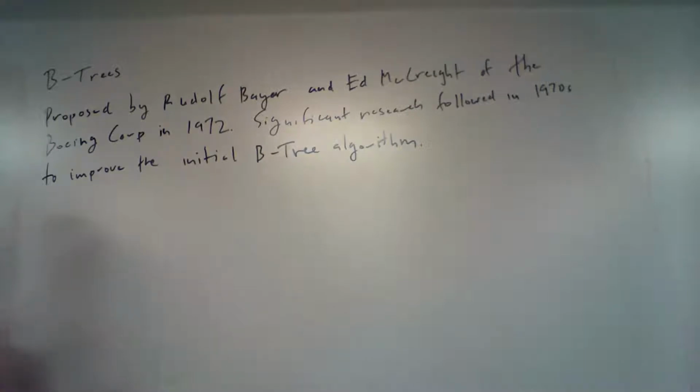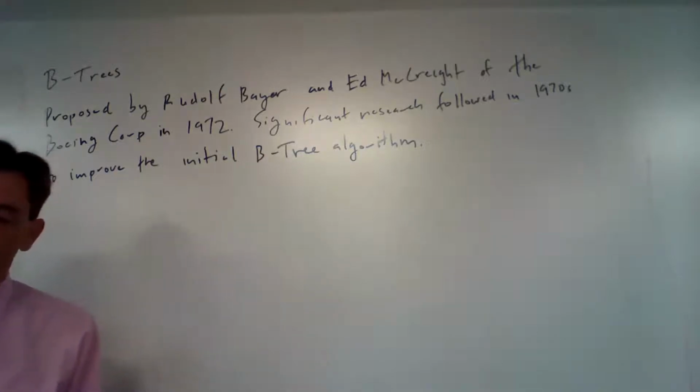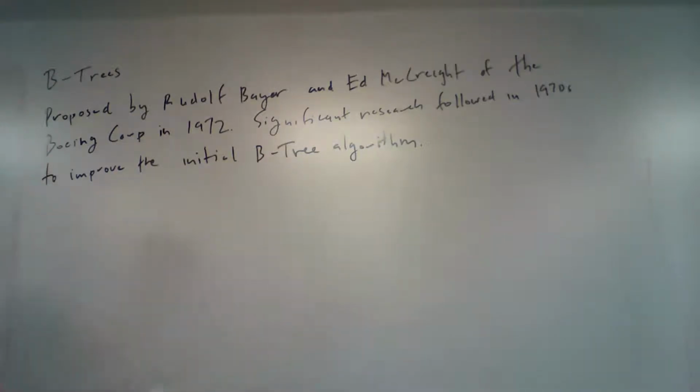It was not hard to understand, and so it was not hard for some of the luminaries in the database and data structure communities to look at this, really appreciate it, and then immediately put forth their efforts to improve it, to make it more efficient. So people like, what's his name? It'll come to me, but different people worked on this and made some very nice improvements, which we're going to talk about actually in our discussion.